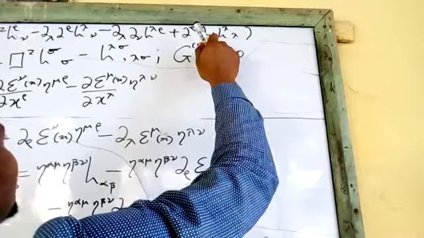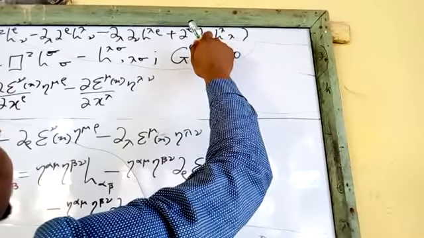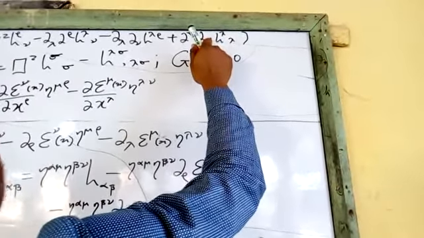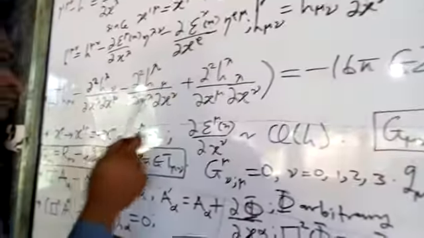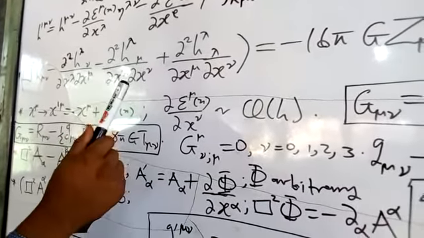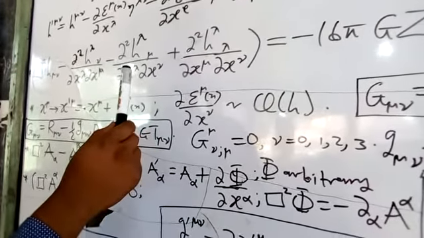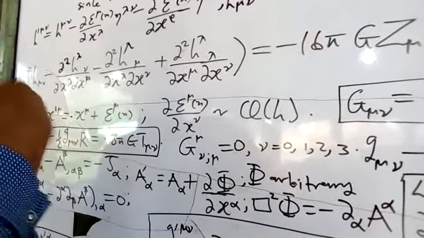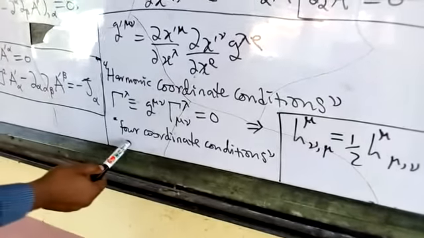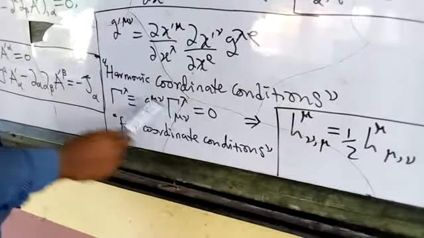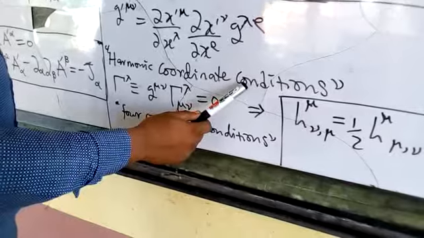And these equations are responsible for the 4th degree of freedom, which keeps this set of equations from being the 10 Einstein field equations. So we have just 6. But now these 6 equations have been made up to become 10 by the following set of equations here, which we have obtained as 4 coordinate conditions, from the harmonic coordinate conditions.